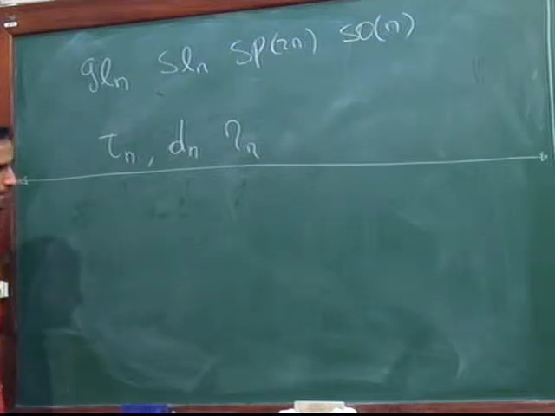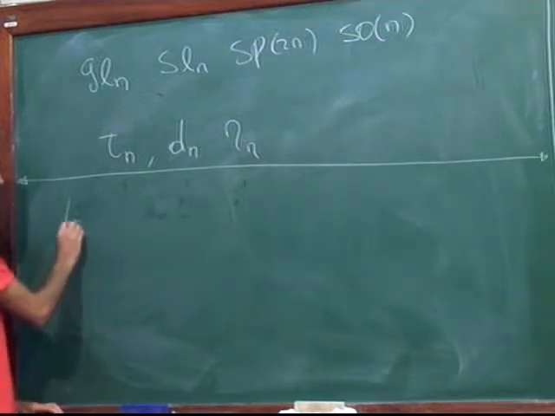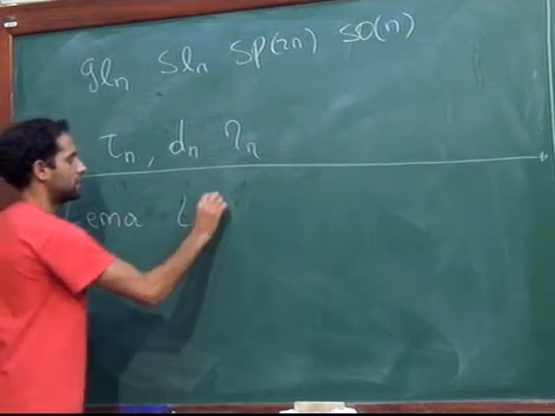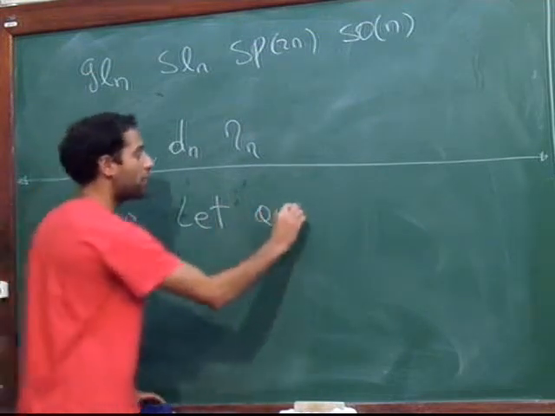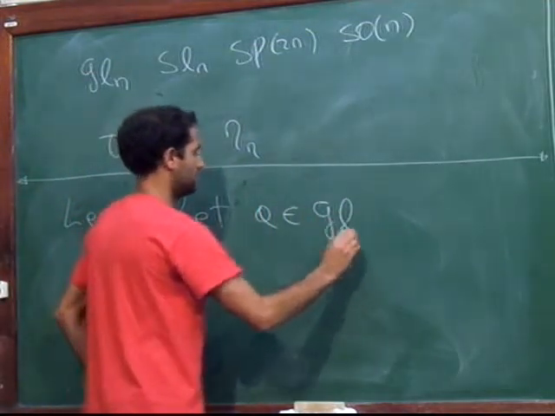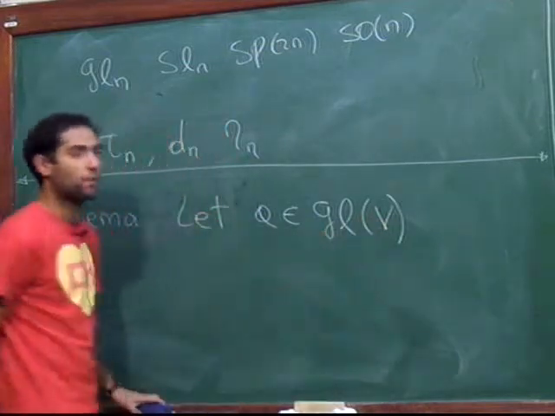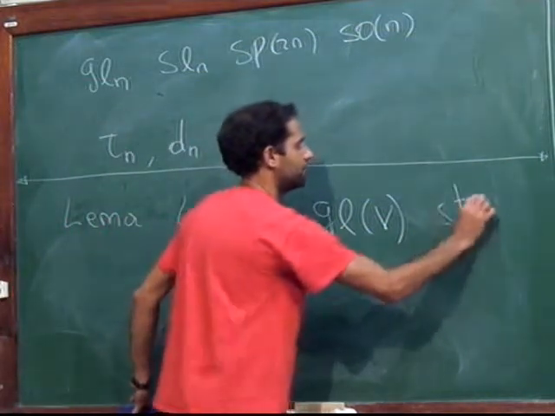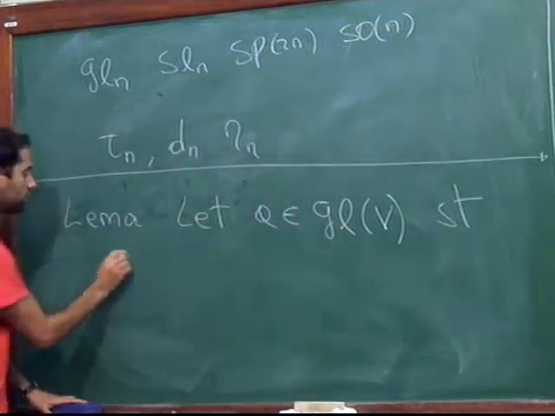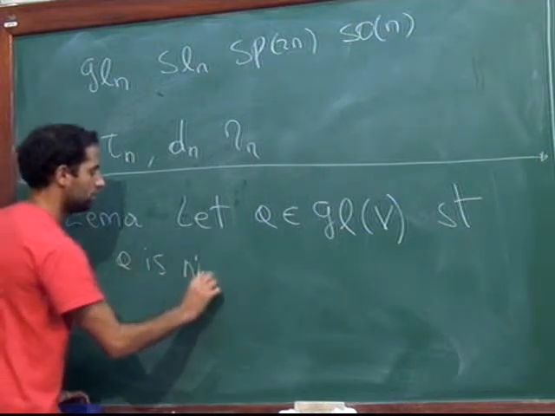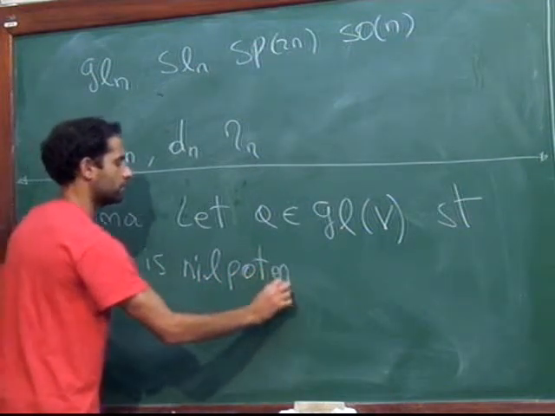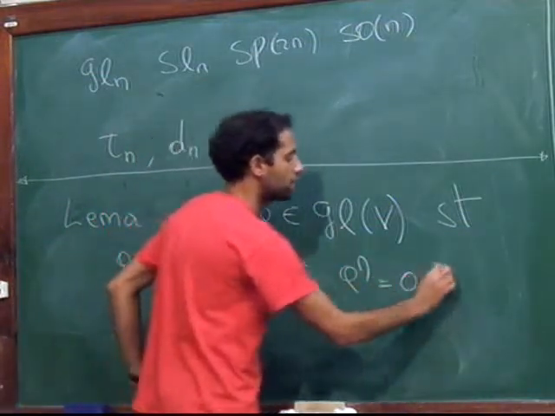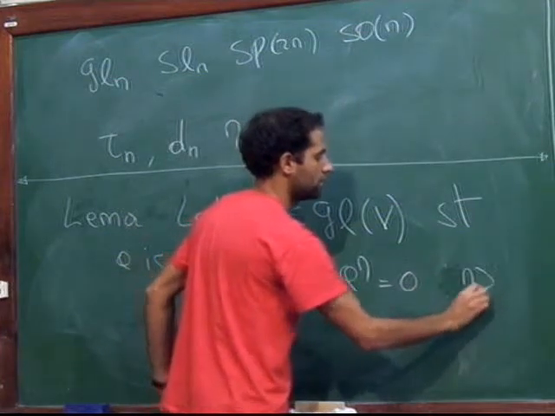So, lemma. Let A be an operator, so an endomorphism of V, such that A is nilpotent. That means just that A to the n is equal to 0 for some n large enough.